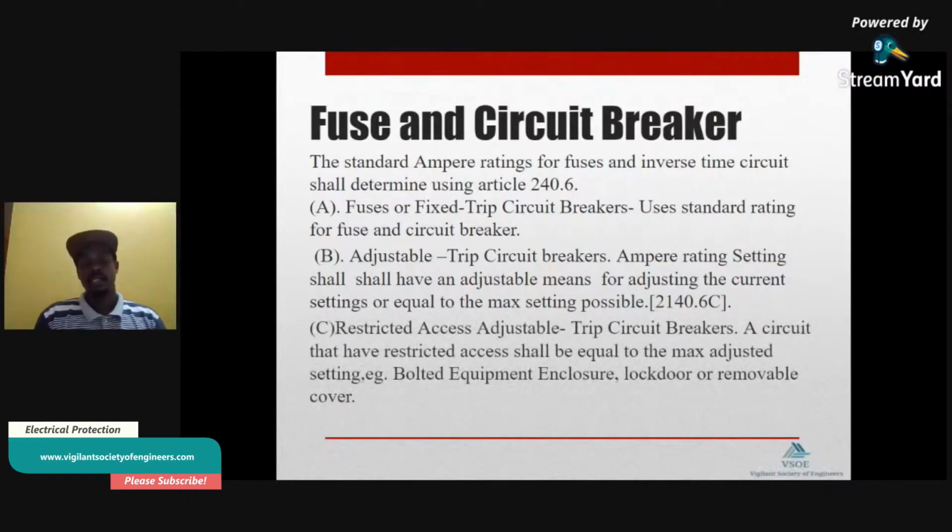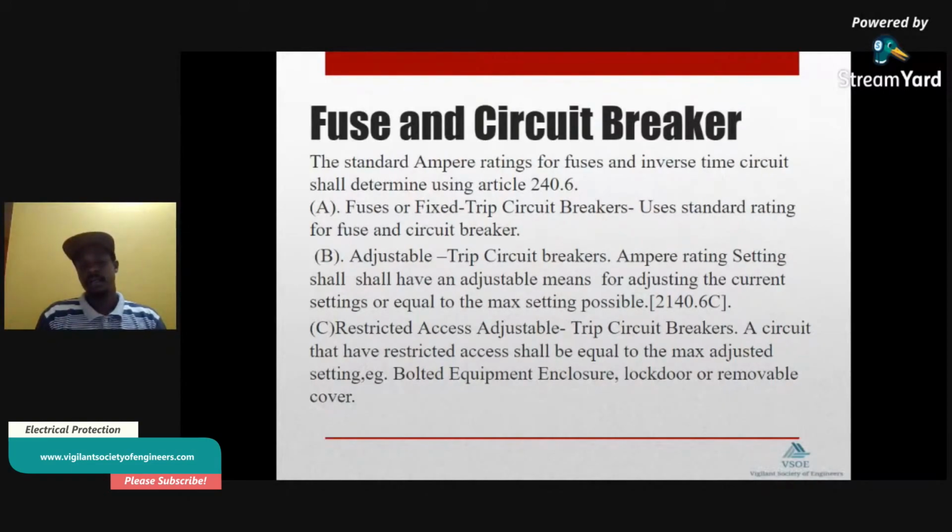Now, restricted access adjustable trip circuit breaker. A circuit that has restricted access shall be equal to the max adjusted setting, for example, a bolted equipment enclosure or lock door or removable cover. All right?